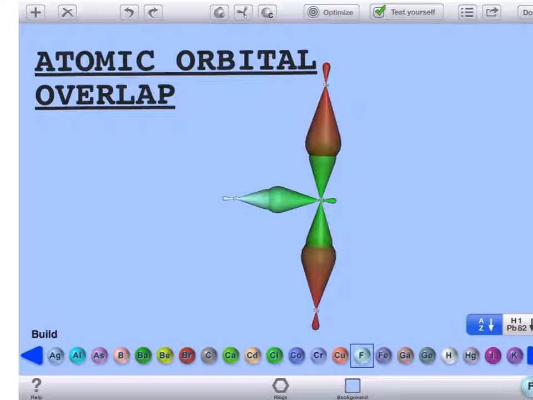You can see the sp3d overlap with the 4p orbital of the bromines right here and right here, and you can also see the sp3d overlap of the F and its 2p orbital right here. It is also important to note that these diagrams do not show the lone pairs.